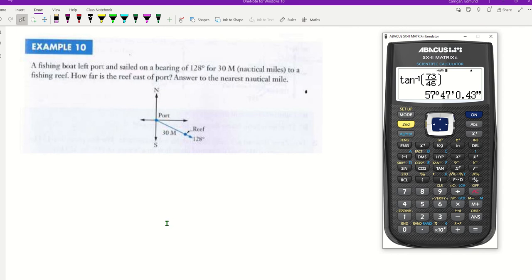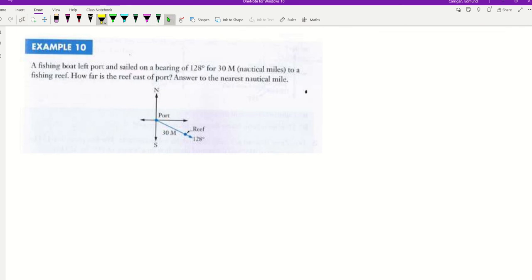Okay, my last one, a fishing boat left port. Once again, we're going to highlight the important bits in the question. Fishing boat left port and sailed on a bearing of 128 degrees for 30 miles to a fishing reef. How far is the reef east of port?